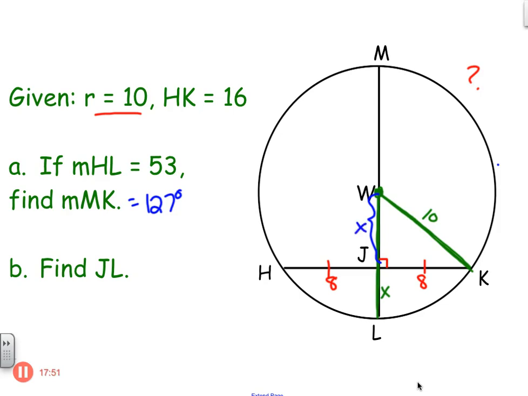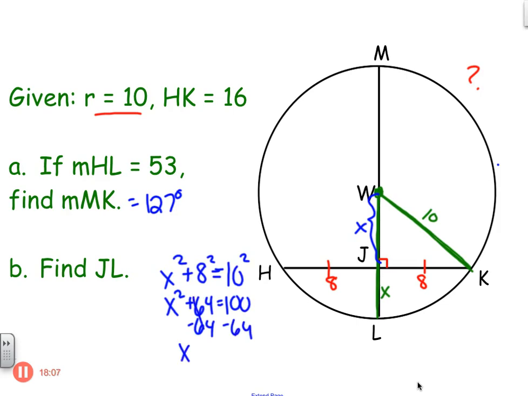So I'm going to be looking for WJ first and do X squared plus 8 squared equals 10 squared. So I have X squared plus 64 equals 100. Subtract 64, so my X squared is going to equal 36, take the square root, and then you would get 6.